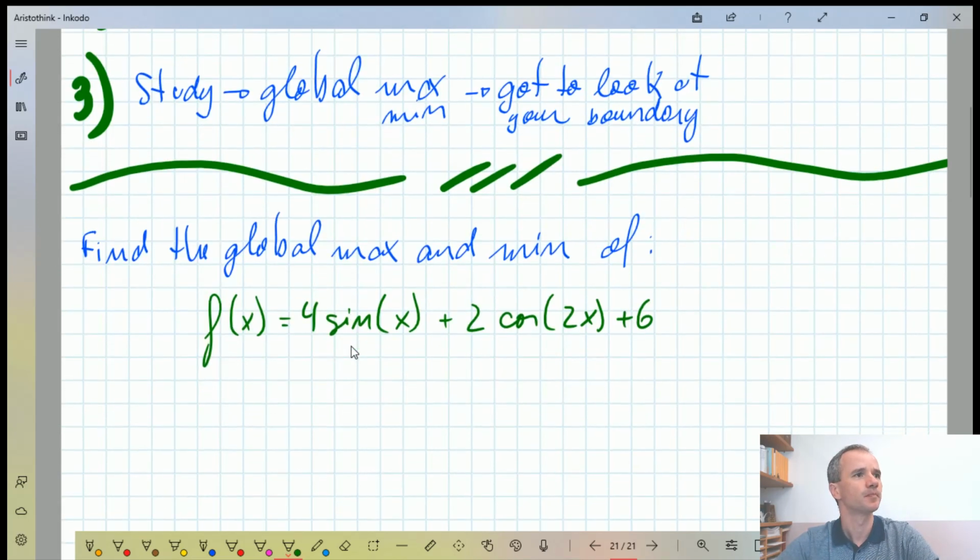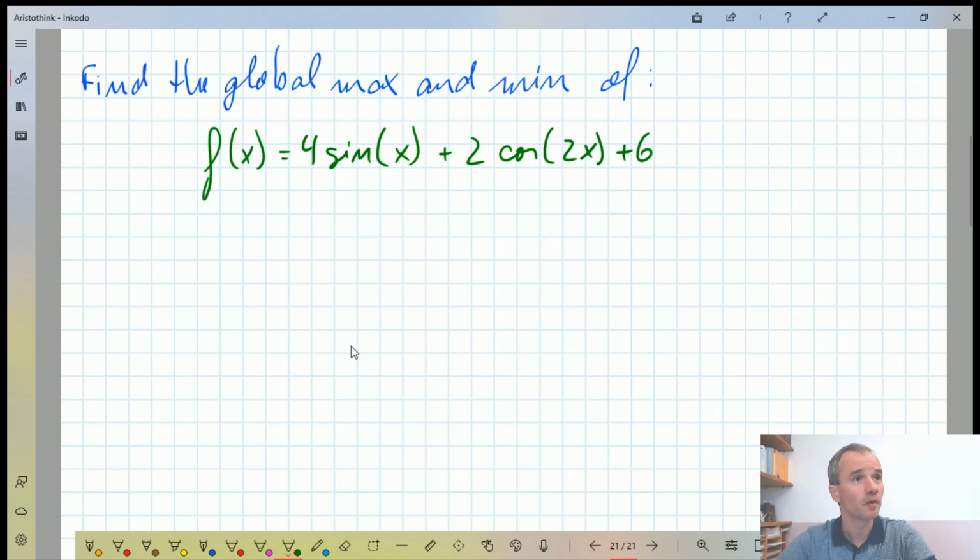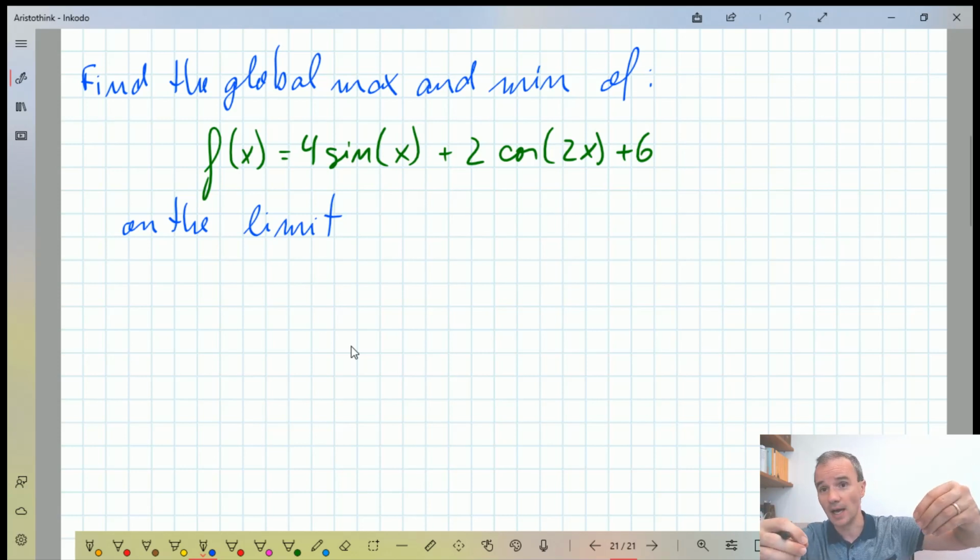Good. Now, this is going to be our function, and of course, if I'm asking you to calculate the global maxima and minima, it means that I must give you the limit, because at plus and minus infinity it goes infinite.